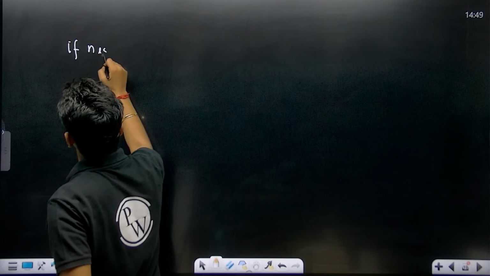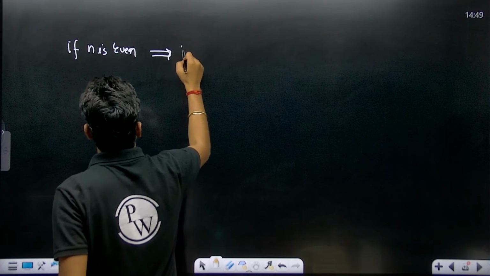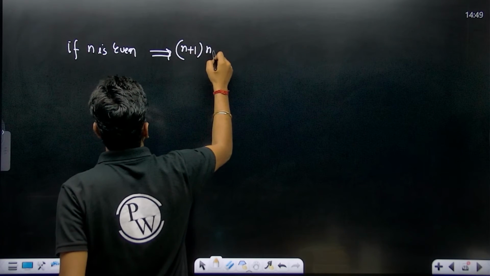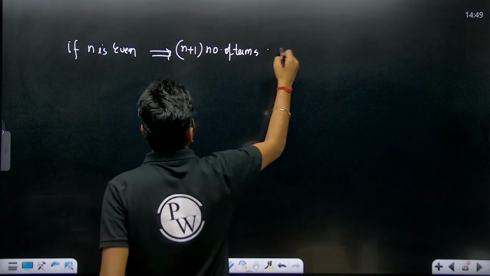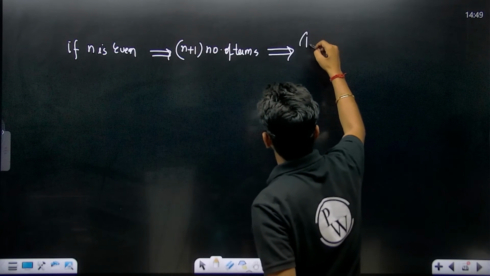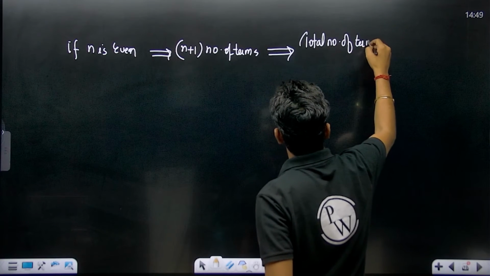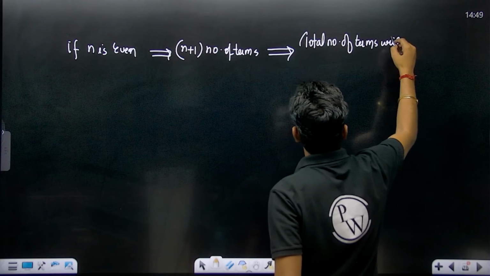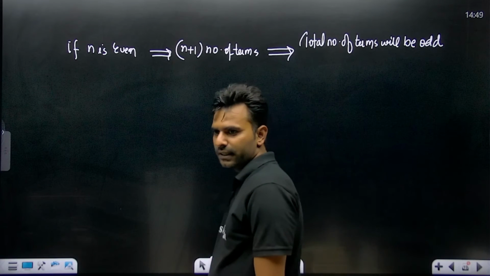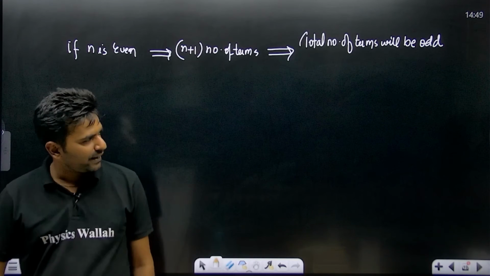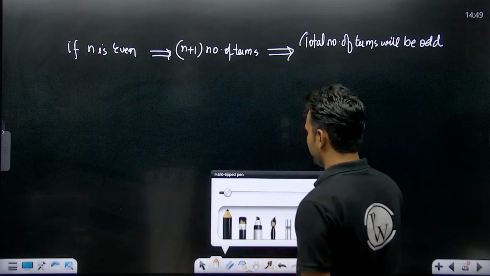So understand over here that if n is even, then n plus 1 number of terms were there, which means that the total number of terms will be odd. Yes or no? If n is even, then the total number of terms will be what? n plus 1. So if n is even, then n plus 1 is going to be odd.